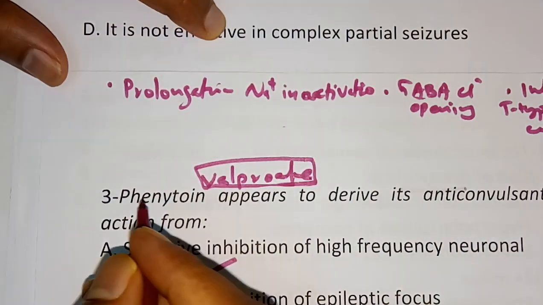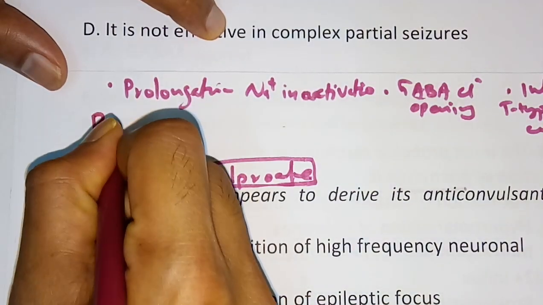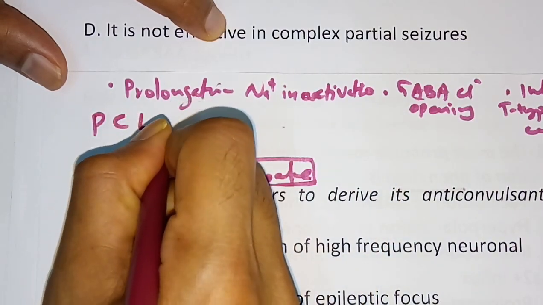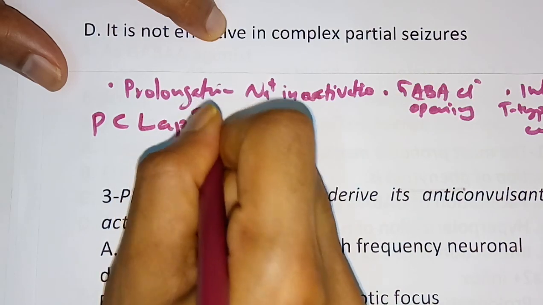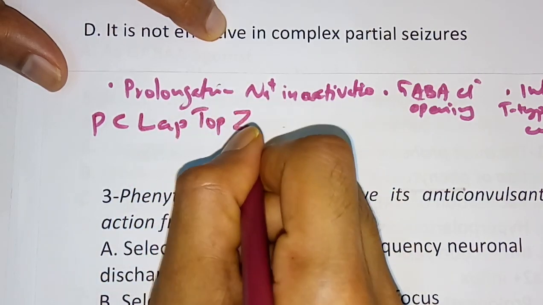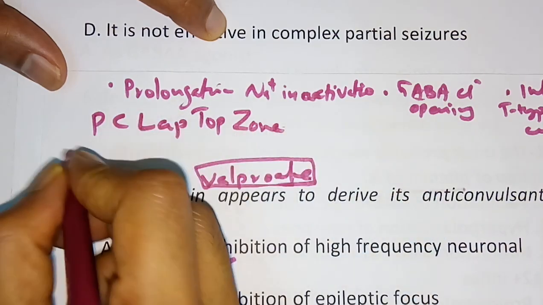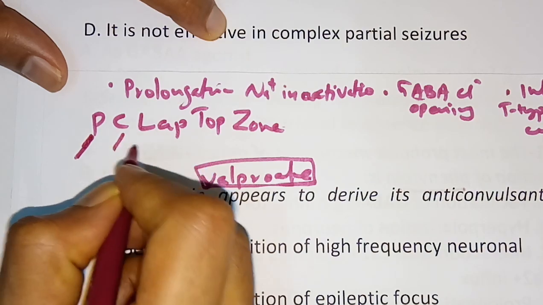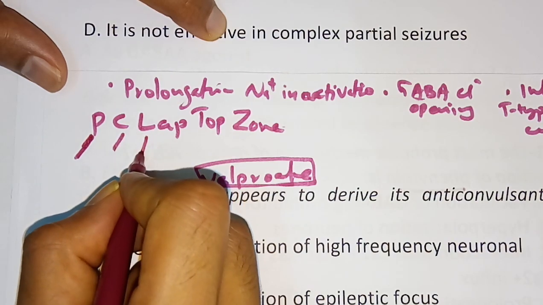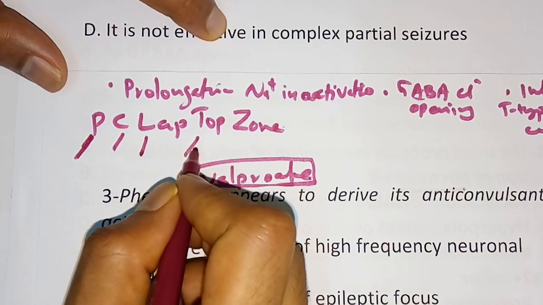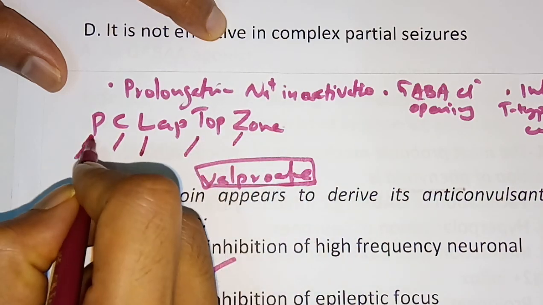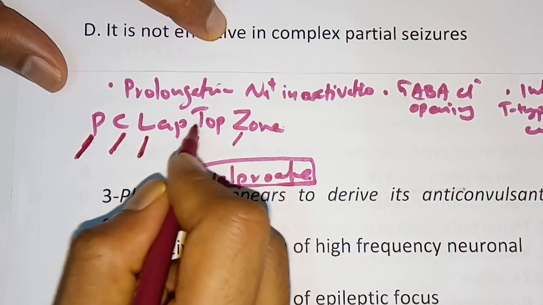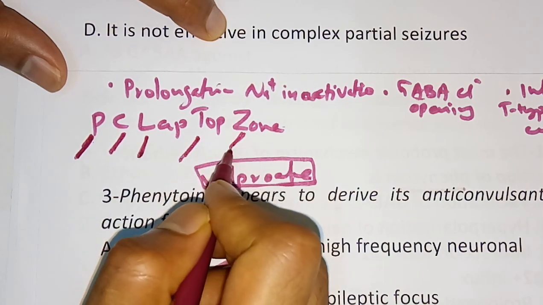For this I made a simple trick. For the prolongation of sodium channel inactivation, you can remember PC laptop zone. P for phenytoin, C for carbamazepine, LAP for lamotrigine, top for topiramate, zone for zonisamide.